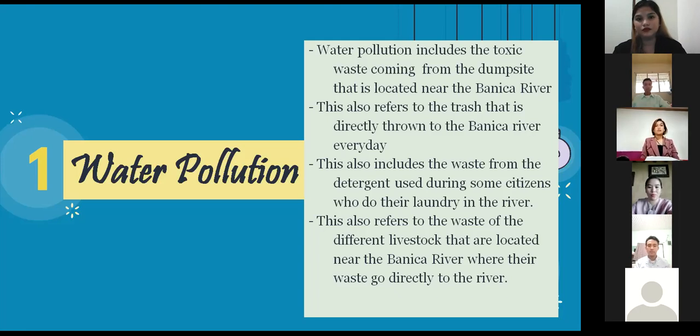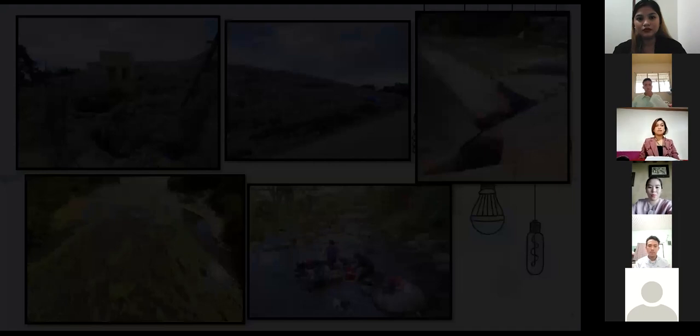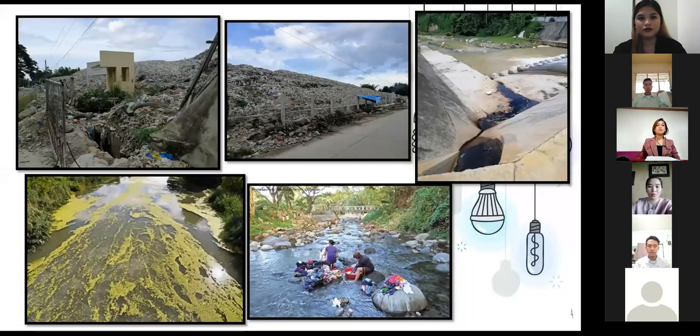Next slide, please. Okay, so as you can see, that is the current situation of the dump site. The first three pictures. Actually, right now it has been closed.